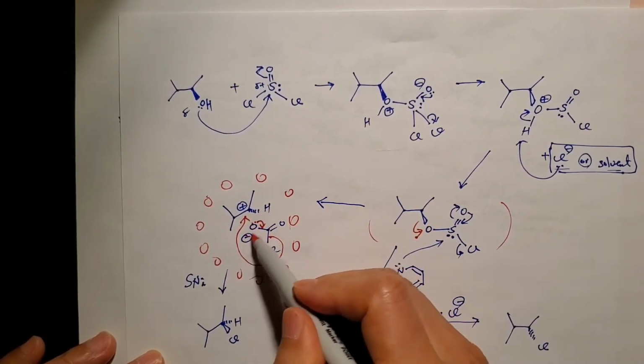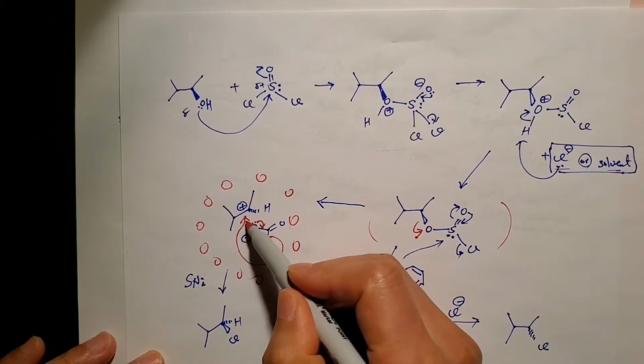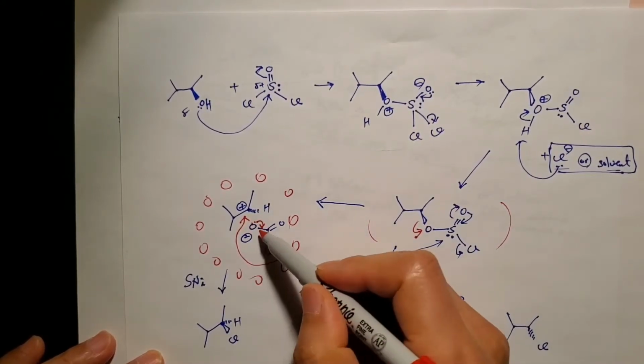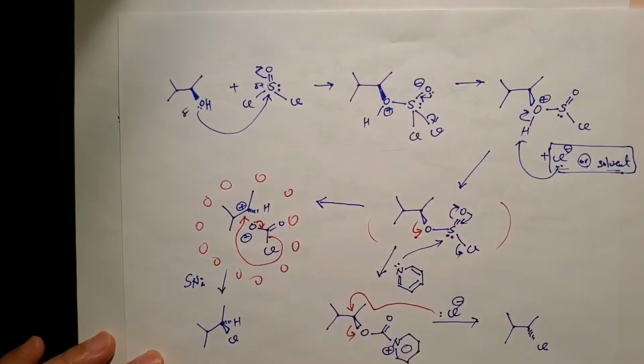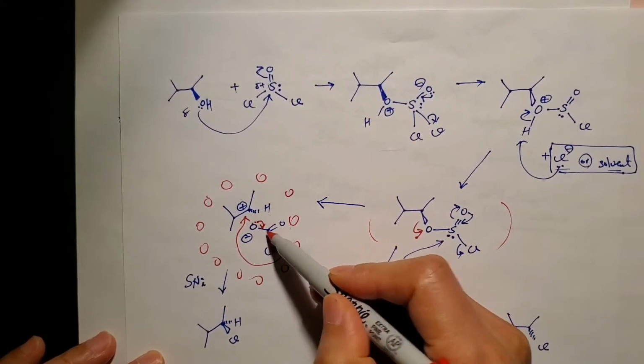Also, because the negative charge is present on this side of the molecule, nothing is actually migrating, so no rearrangement usually.